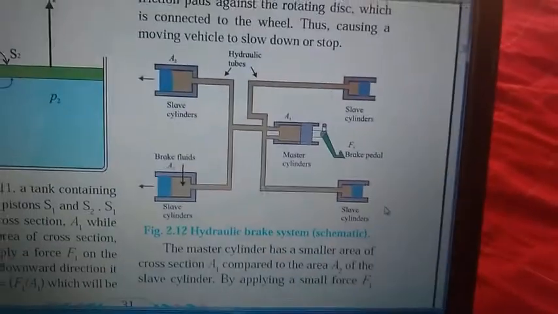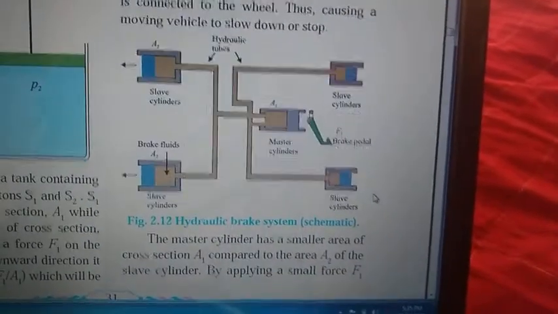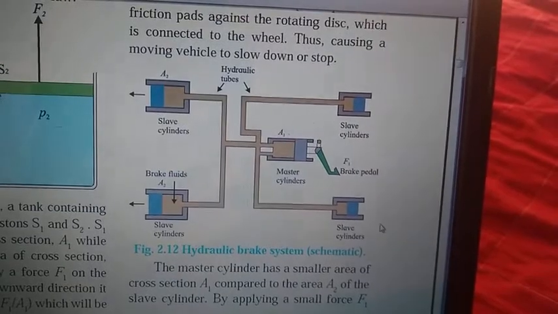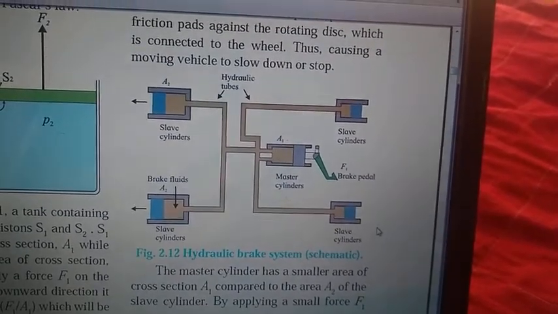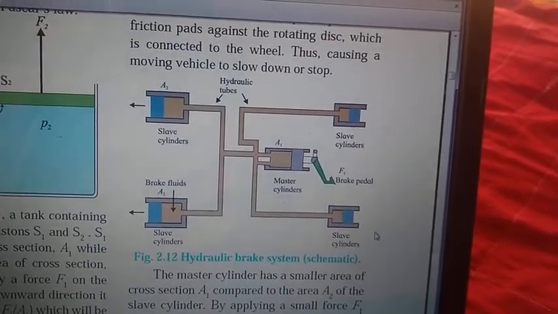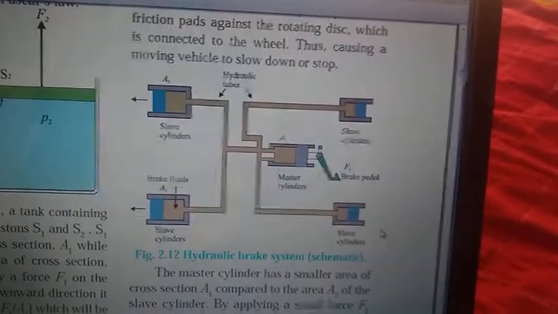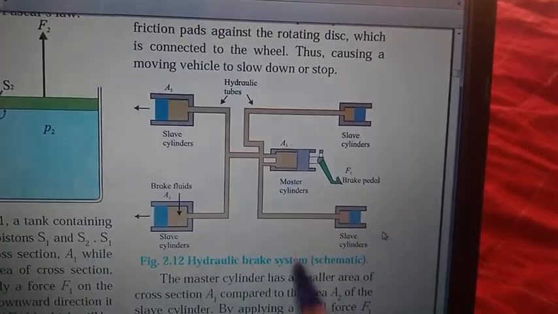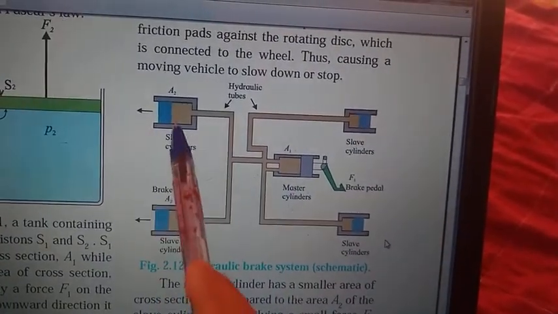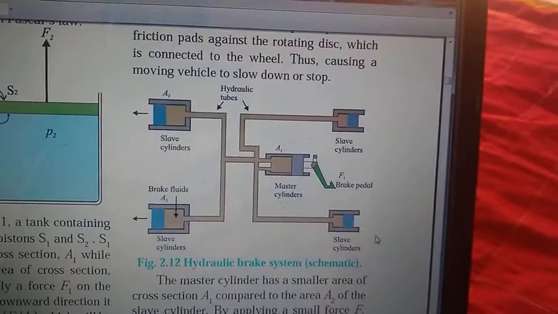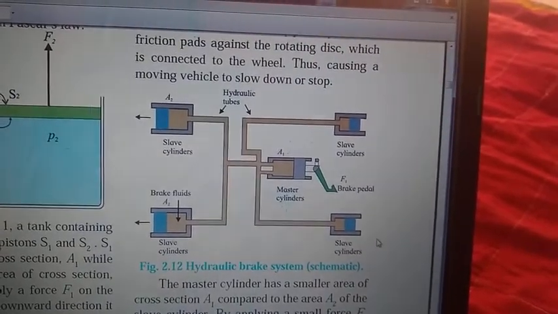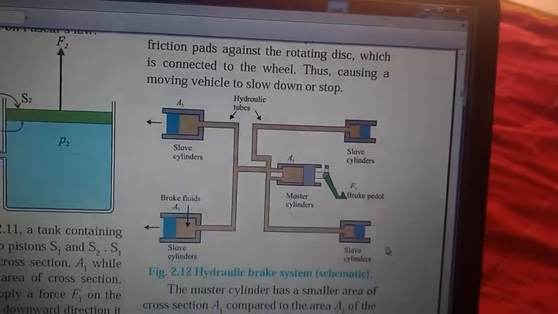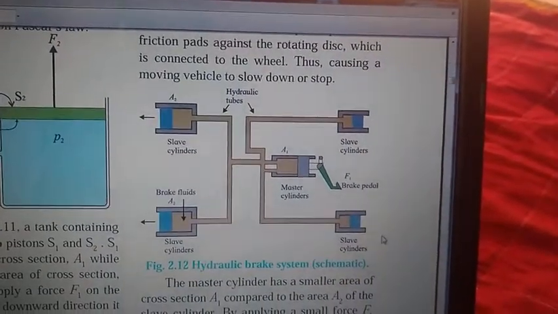From this diagram you can see that when a small force F1 is applied on the brake pad, which has a comparatively small cross-sectional area, some pressure is created, and that pressure is transferred to the other slave cylinders. When that pressure is transferred, a different force is generated there which has a larger value, because here the piston has a cross-sectional area greater than that of the initial piston.